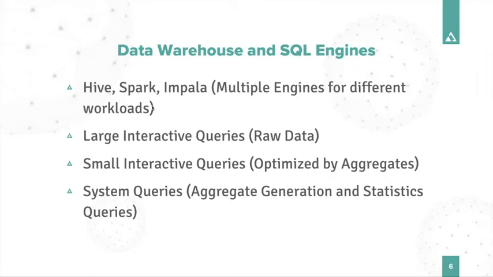What is important for you to also understand is that since we have these three channels or three categorizations of queries, you can assign different engines to serve this workload.